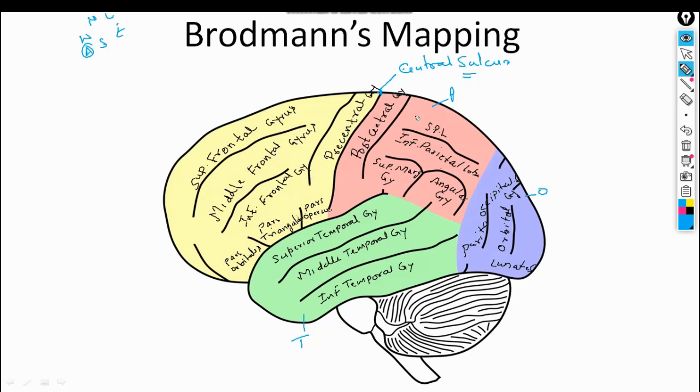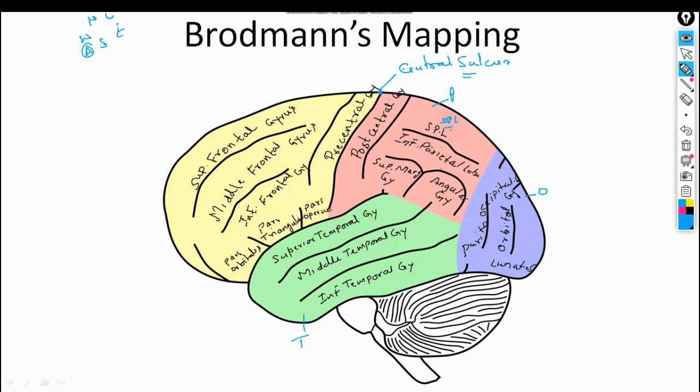Now let's see the parietal lobe. Just posterior to the central sulcus is the postcentral gyrus. Clear? Posterior to this postcentral gyrus is the superior parietal lobule, SPL in short.